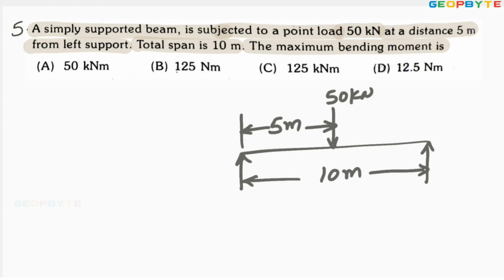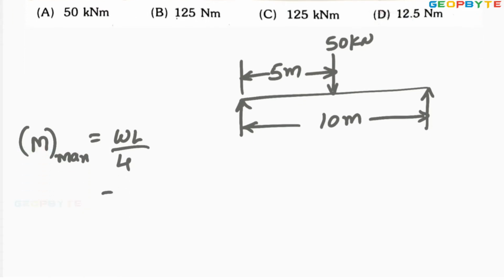Then the maximum bending moment is developed at the middle. That maximum bending moment is equal to WL by 4. W is given as 50, L is given as 10, divided by 4.